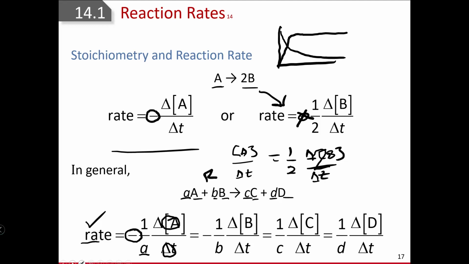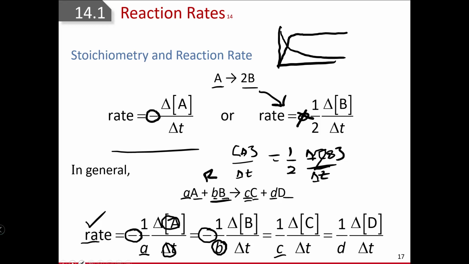All right, same thing here. B is a reactant. It would be 1 over the number of moles of B, the coefficient of B in our chemical reaction, times the change in concentration of B over time. And again, a negative here because it's a reactant. Our two products are going to be 1 over the coefficient of C in our balanced chemical equation times the change in concentration of C over time. Same thing for D.